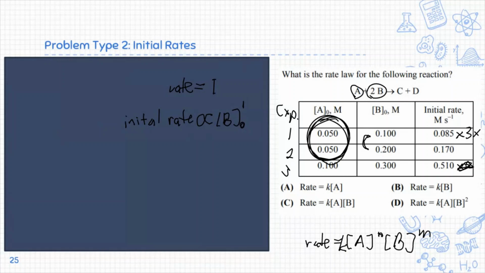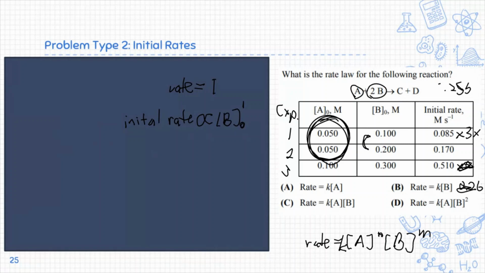Okay, so what does that result? Well, 0.085 times 3, no, 0.255 is what we get when we multiply this by 3.